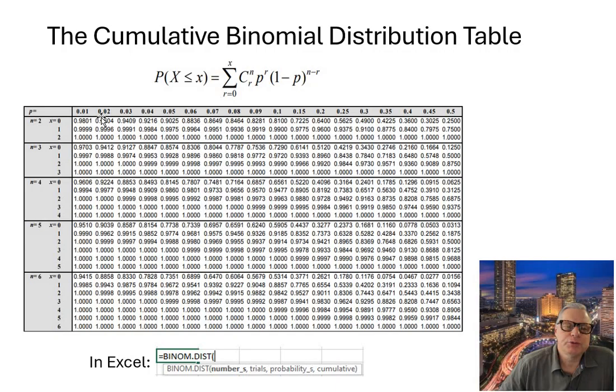So we have here the probability, 0.01, and those are standard probabilities. So we were dealing with a probability of 0.5. And then we had 3 trials. And we wanted to know what's the probability of 2 successes. So we would have to look up the value in that table, which is 0.875.